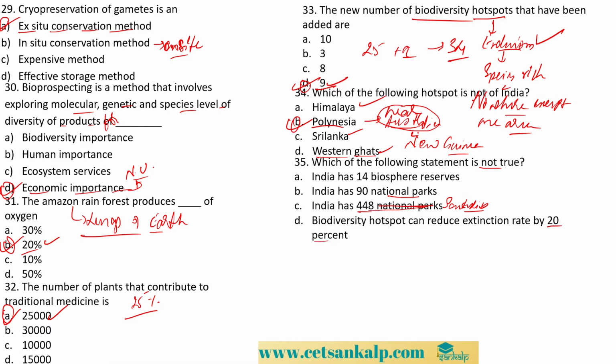So we are actually having 448 sanctuaries. There is a typing error. Extinction can be reduced by 30%. So if you consider 448 national parks, this is also wrong.